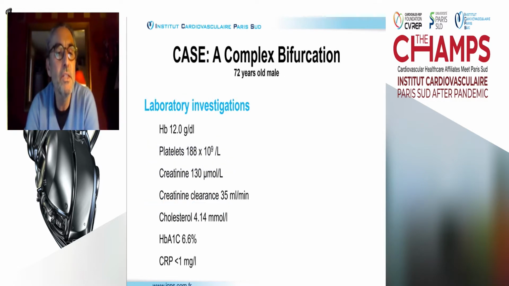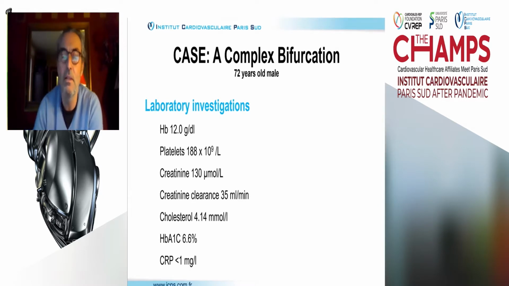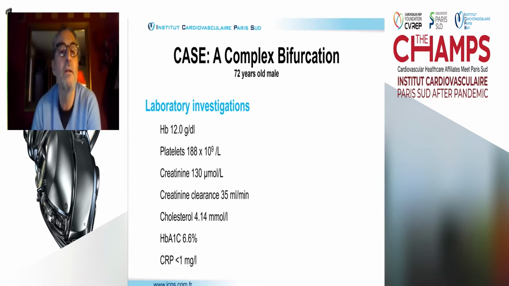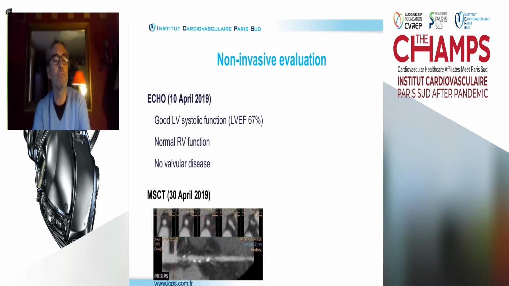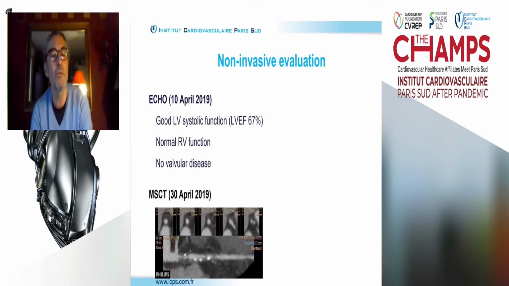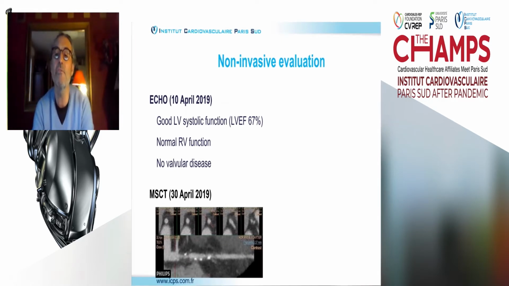For the biology, he had only an increase of the creatinine with low clearance of creatinine, 35 milliliters per minute. And he had a previous echography showing that the left ventricular function was good.